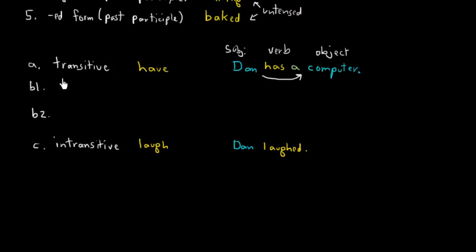And the first kind of subgroup here, I will label transitive and intransitive, because this is how you'll see it in the dictionary usually. Okay, and these are words that can be either transitive or intransitive, and they retain their meaning when they do that. They have the exact same meaning.